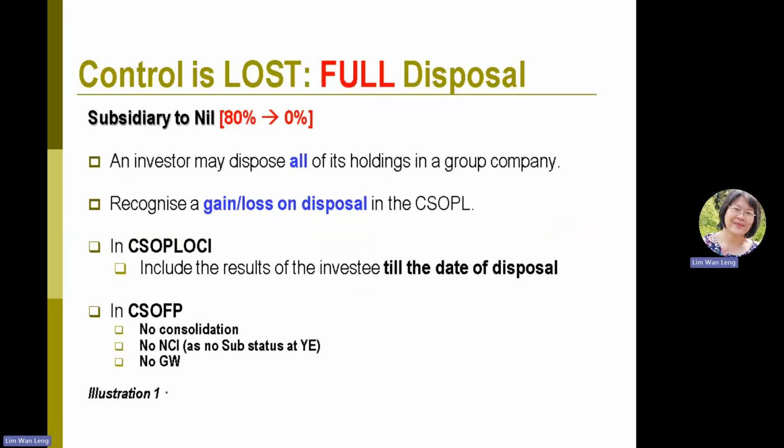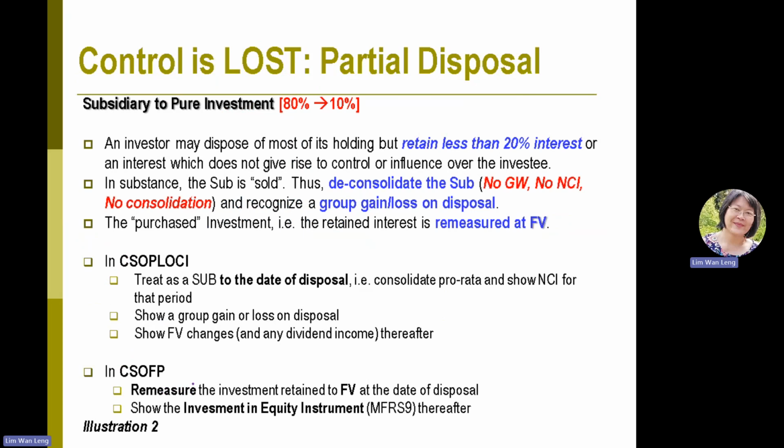this one, illustration 1, done. So we look at illustration 2. So illustration 2 is that you didn't dispose of everything until zero. You dispose of until you're left with something. So this is what we call partial disposal. So the status is subsidiary, then later it becomes just pure investment because it is only 10%.